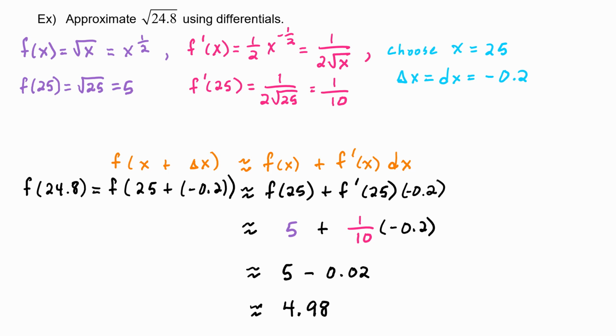It's one way to think of it. So what this tells us is that the square root of 24.8 is approximately equal to 4.98. And if you plug that into your calculator and check it, you'll see that it's actually pretty close.